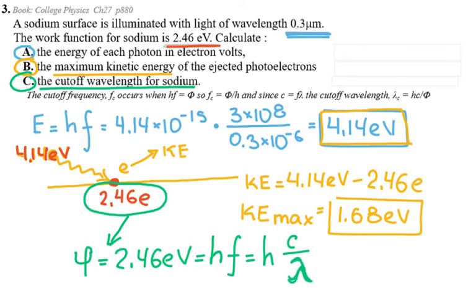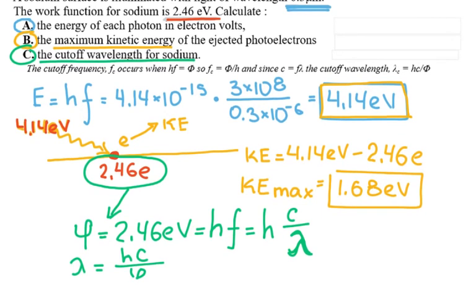Here I can find the wavelength needed to pull out those electrons. So the wavelength is going to be equal to Planck's constant times the speed of light divided by the work function. I have to keep everything in electron volts.